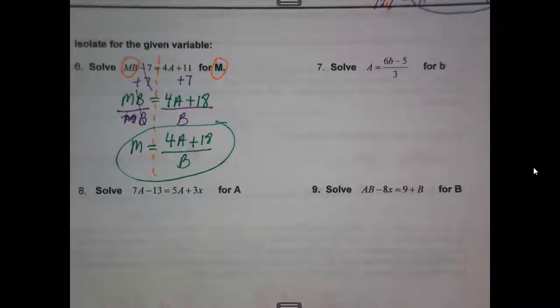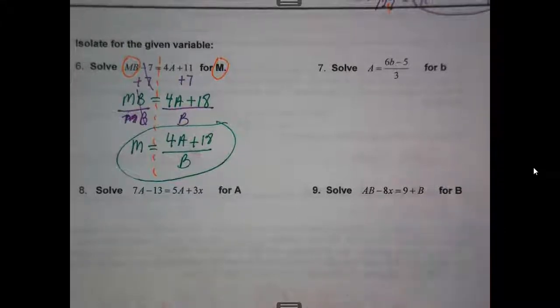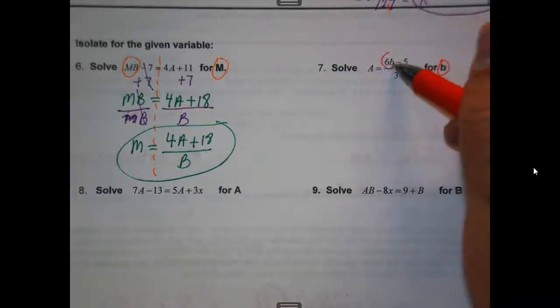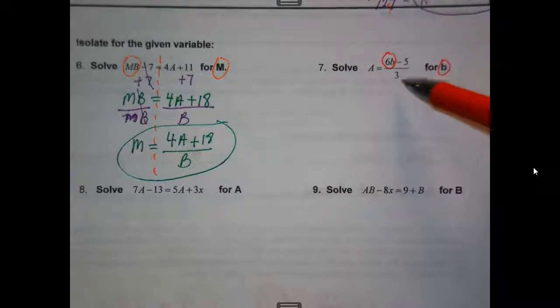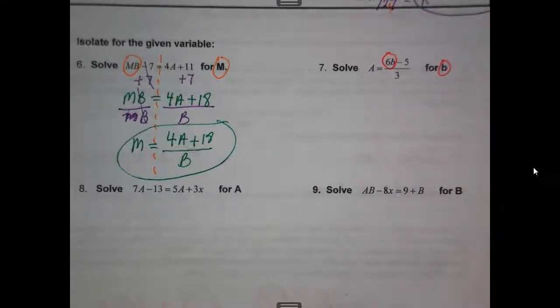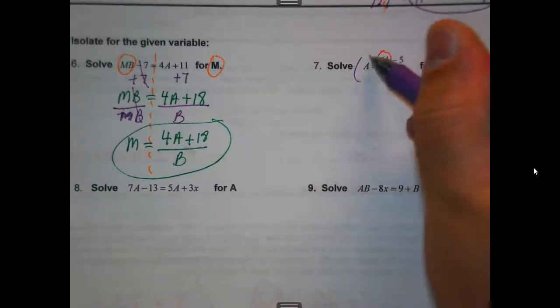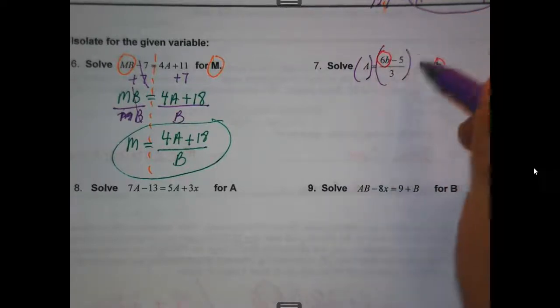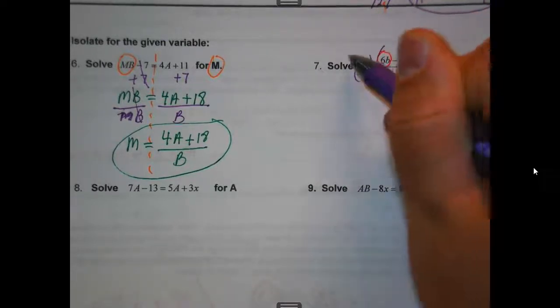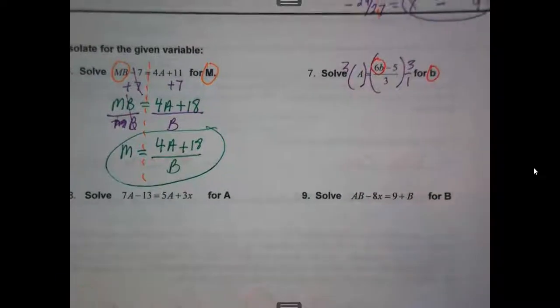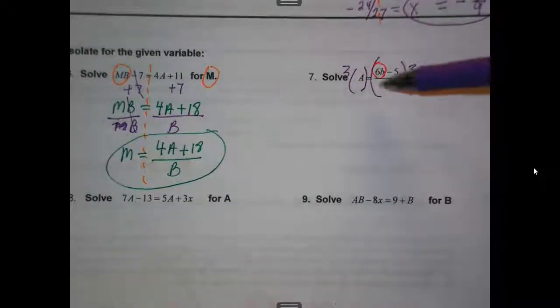Number 7. First of all, we need b, so we have to get this term by itself. I have to get rid of my denominator. So I'm going to multiply both sides by 3 over 1, right? Now, I had a lot of interesting things for 3 times a.